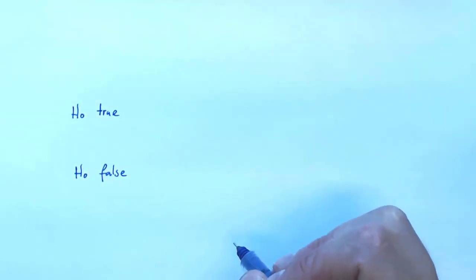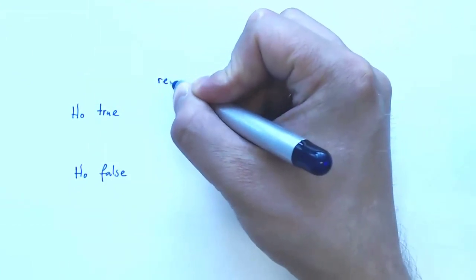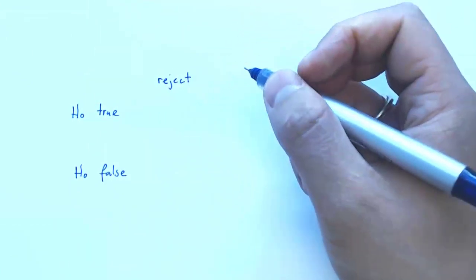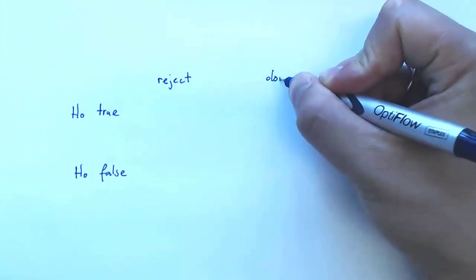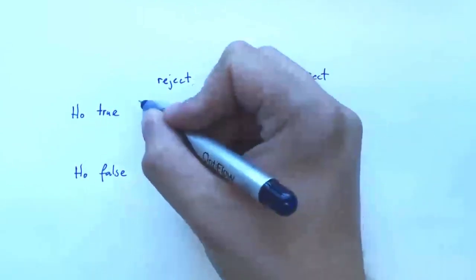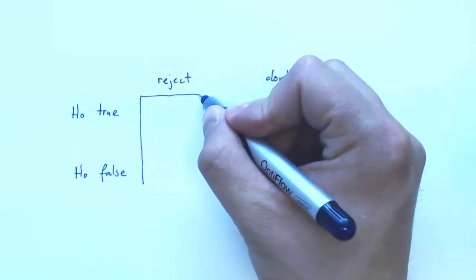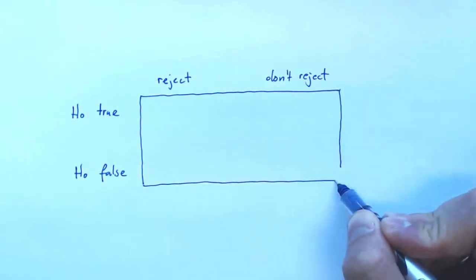And we have our decision rule that for every sample tells us to reject the null hypothesis or to not reject. So this gives us a matrix of 4 possible scenarios.